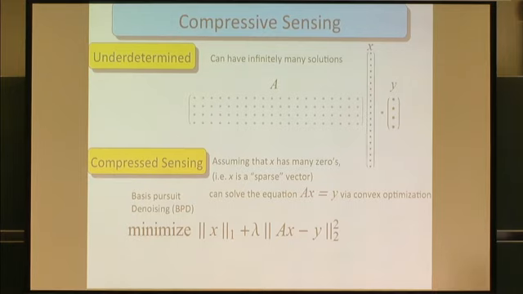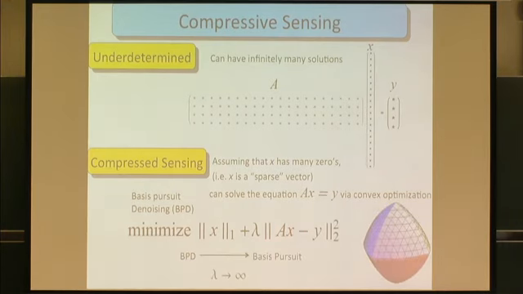That will help if the data that we're looking at is noisy. And as you might imagine, as lambda goes off to infinity, basis pursuit denoising gives you the same solution as basis pursuit. So that's compressed sensing in a 4-minute nutshell. Is that okay? Questions? None?